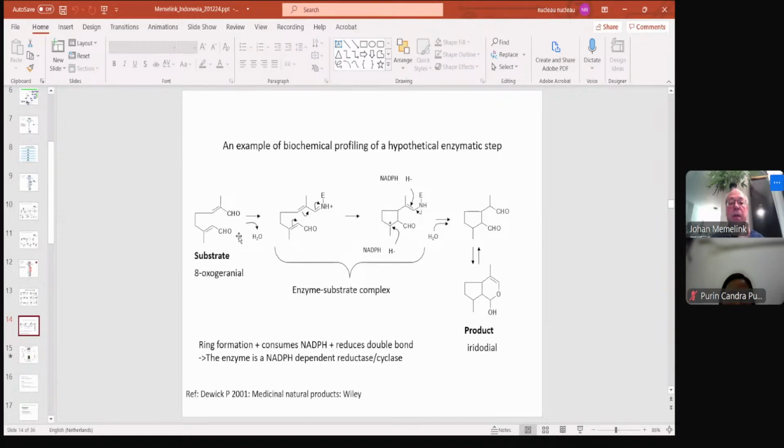So this enzyme also uses NADPH to form this product. So iridodiol can exist in two forms. So what we see is that there's a ring formation, and the enzyme uses NADPH and reduces a double bond. So we know that we are looking for an NADPH-dependent reductase cyclase type of enzyme.